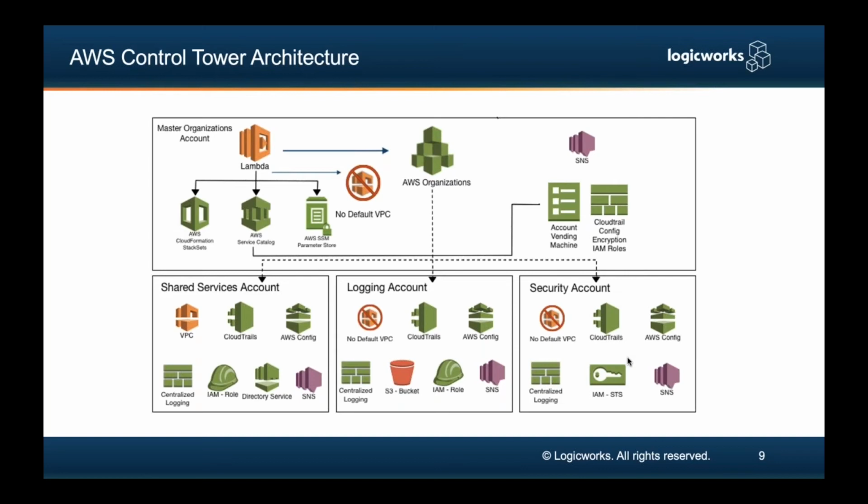Let's say I don't want anybody to have SSH or RDP access into the instances in production, right? I can actually set that up at that top level SCP, that service control policy, at the organizational level. And then I can tweak that for each segmentation of the organization.